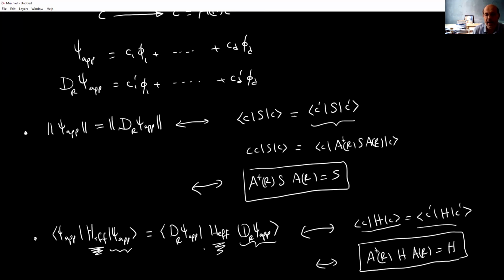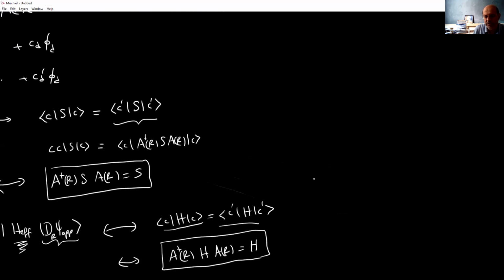All right? I don't know if you have any questions in here. If you remember, I have defined something called the H prime matrix beforehand, right? This was that matrix. Just show that H prime basically commutes with A(R).